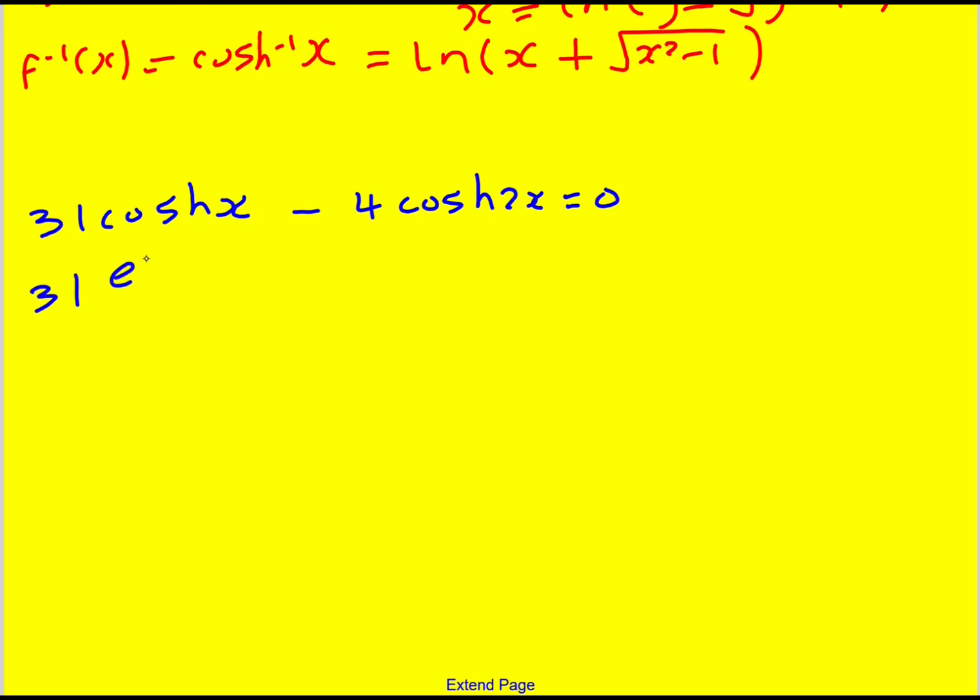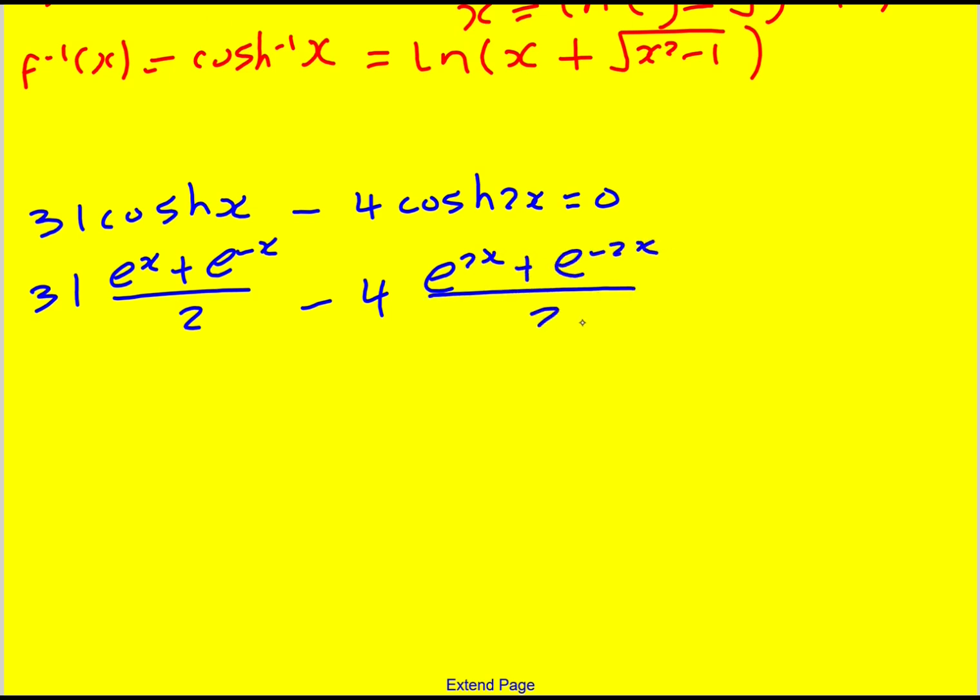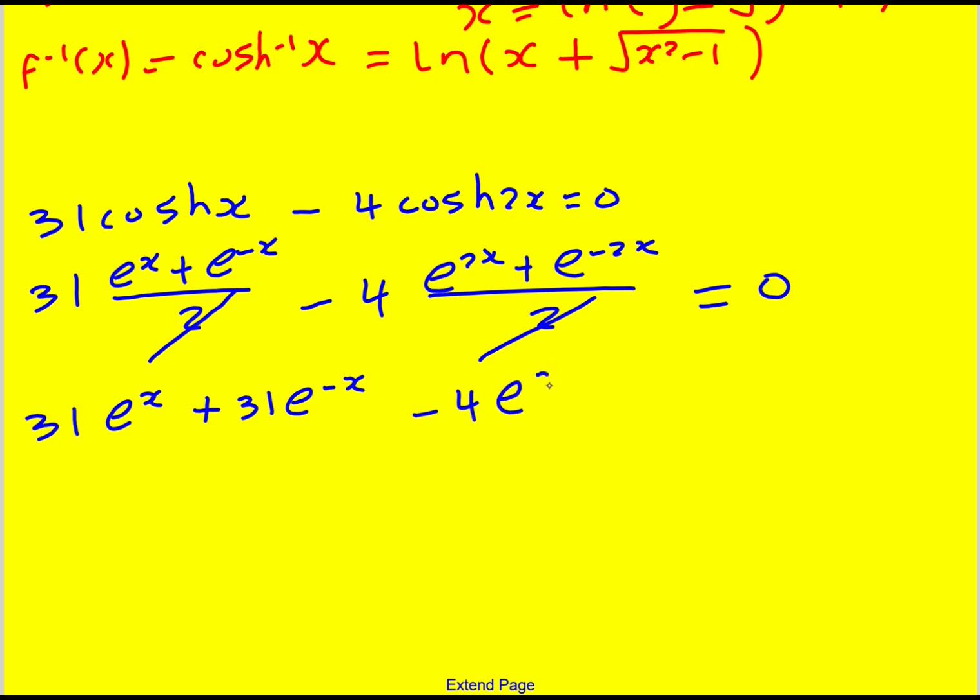So 31 times e to the x plus e to the minus x over 2, minus 4 times e to the 2x plus e to the minus 2x over 2, is equal to 0. And I can times through by 2 straight away. 31 e to the x plus 31 e to the minus x minus 4 e to the 2x minus 4 e to the minus 2x.